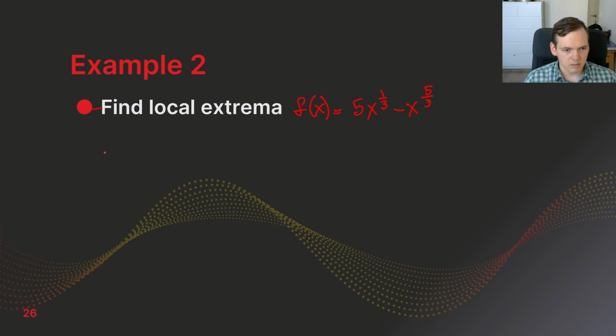And this, if we find our derivative, is equal to 5/3 x to the negative 2/3 minus 5/3 x to the, no, not negative, to the 2/3. Okay, so this is something that you'll have to use a calculator for or graph.